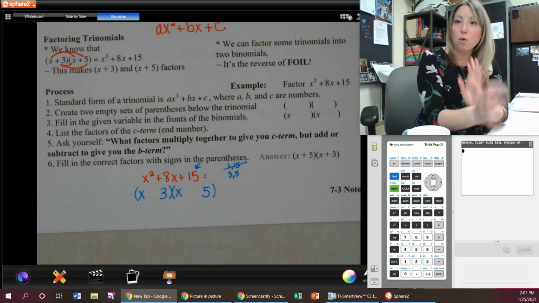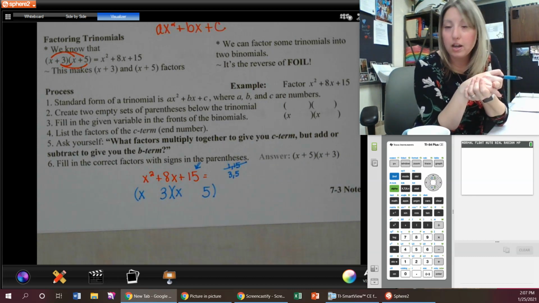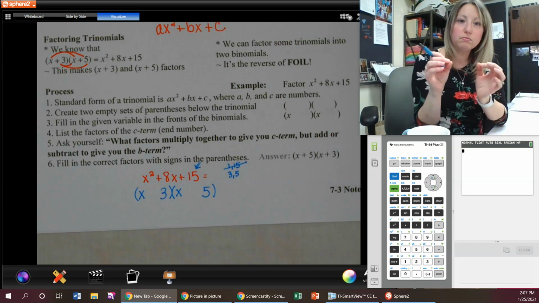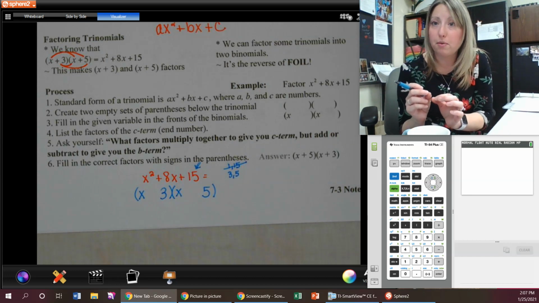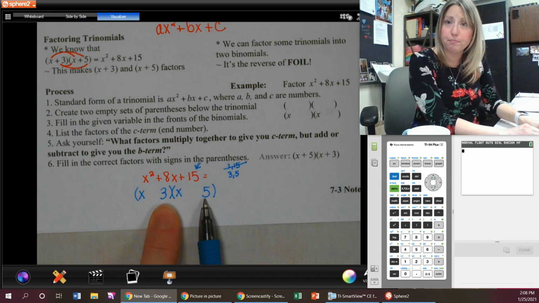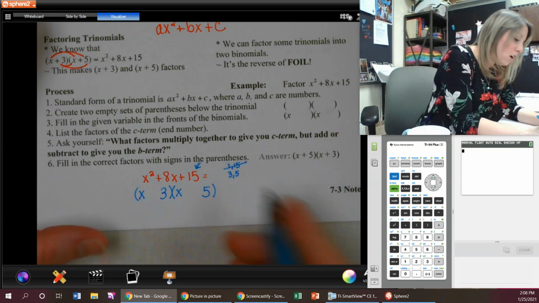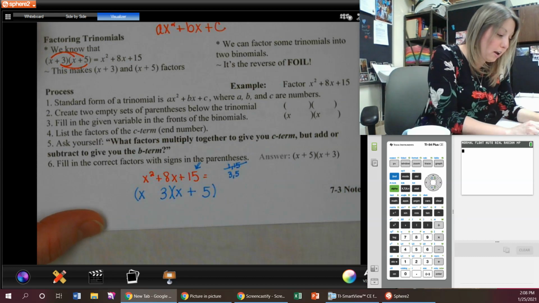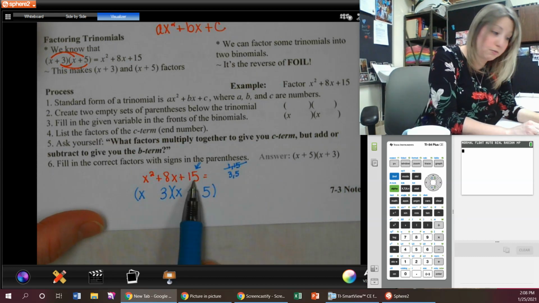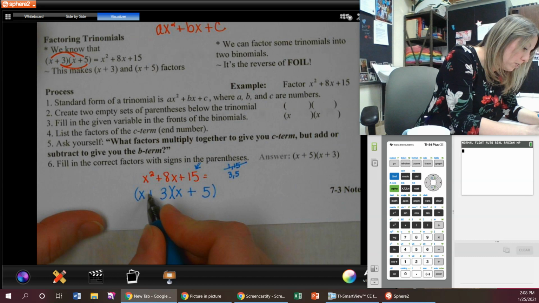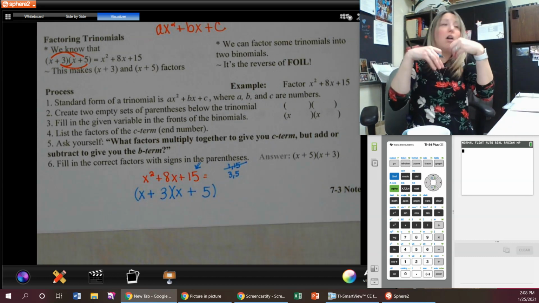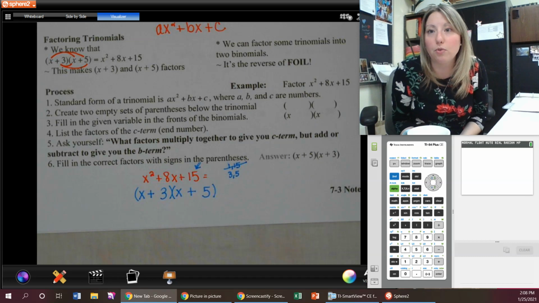One of the things I'll always repeat throughout these videos is that the bigger factor always has the same sign as the middle. So what's bigger, a 5 or a 3? 5. So that means 5 and the middle have to have the same sign. Well, if we're multiplying to get a positive 15, then these two things have to be the same sign at all. That means they're both positive. That's how I can unfoil, right?